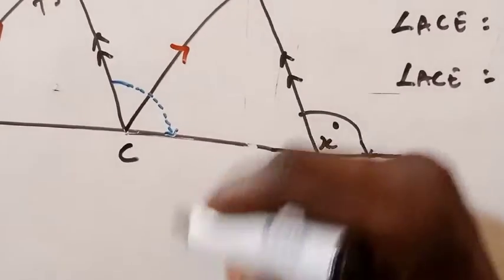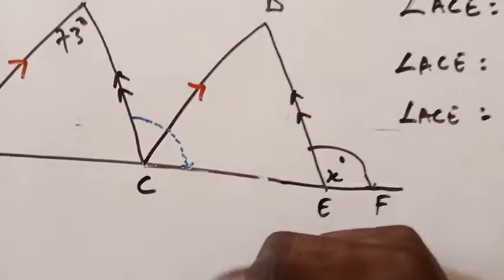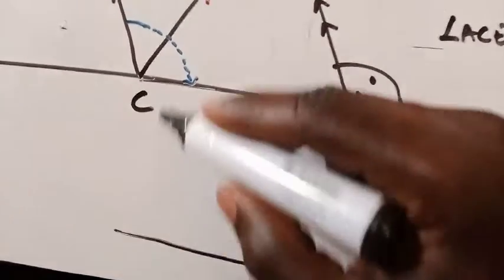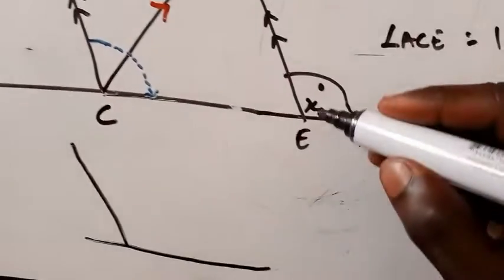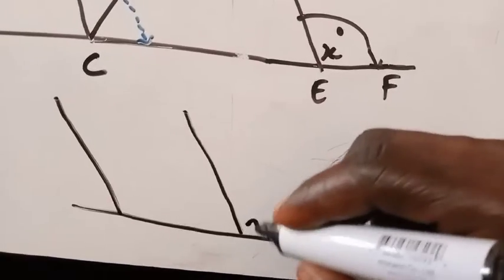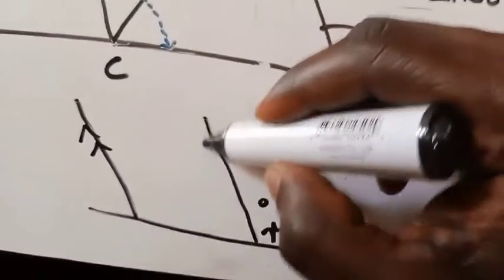Now here's the shape. If I want to redraw this shape out of this complicated diagram, it will look something like this. From this point, this one goes this way, and here also goes this way. So X is here. We know that these two lines are parallel already.